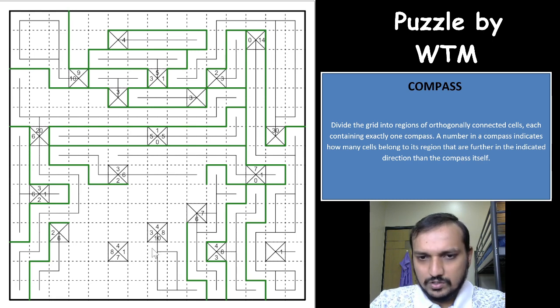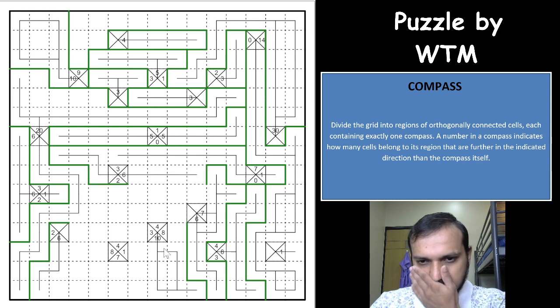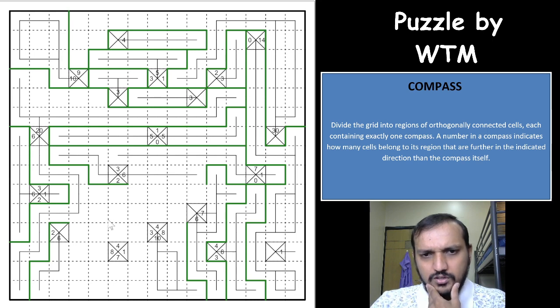This 3. So, okay, 3 would be going towards the left. For this 8 here, 1, 2, 3, 4, 5, 6, 7, you have 10.